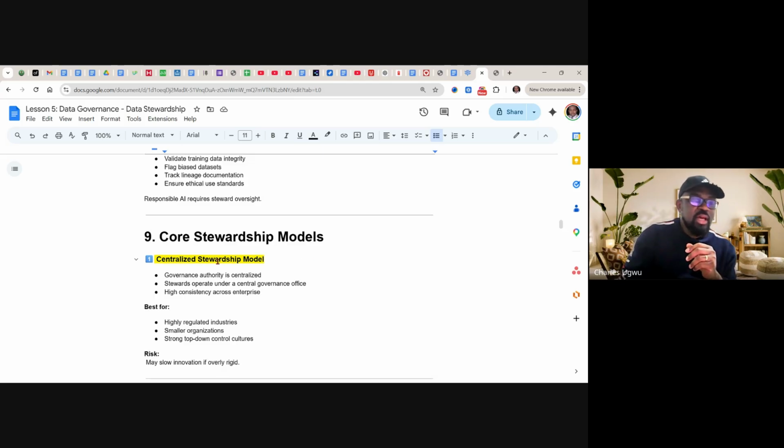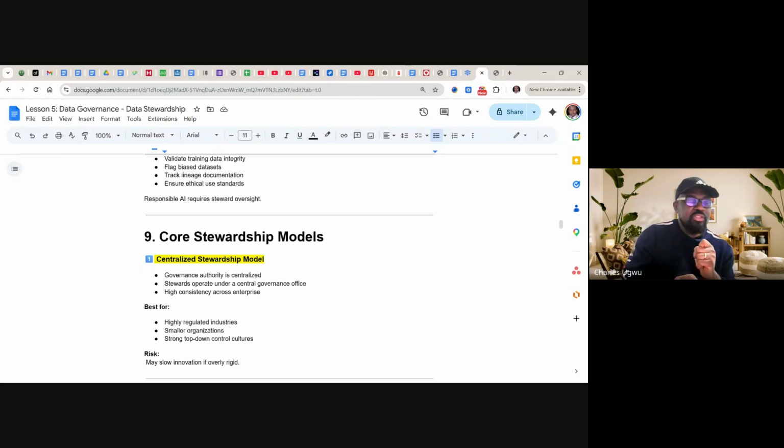So we have the centralized model. The centralized model captures the governance authority in a centralized place. Stewardship operates under a centralized governance office, with high consistency across the enterprise.